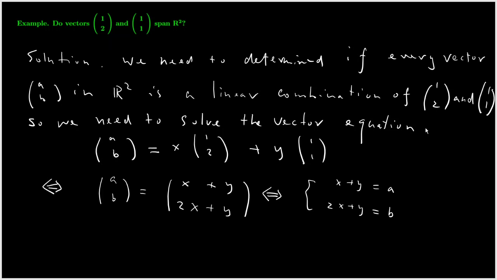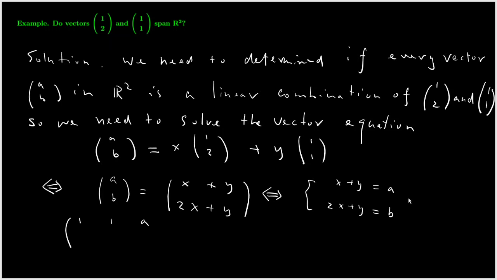To solve the system, now let's recall what we do. We form the augmented matrix. The first row consists of 1, 1, a, right? The first row is determined by that equation. 1 is the coefficient of x, 1 is the coefficient of y, a is the constant term.